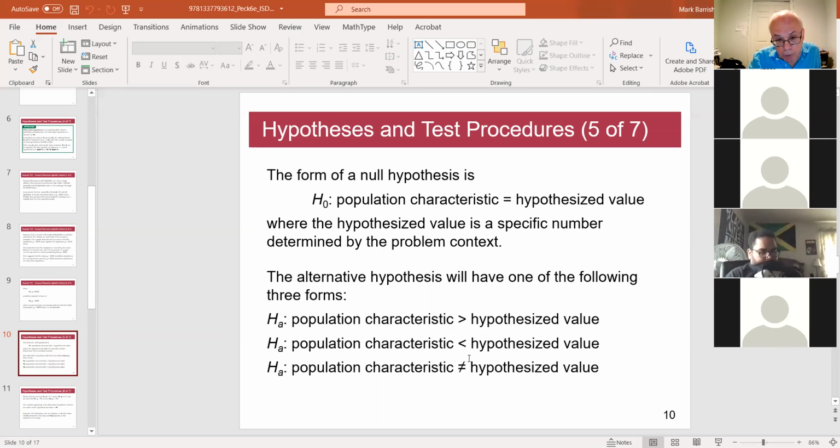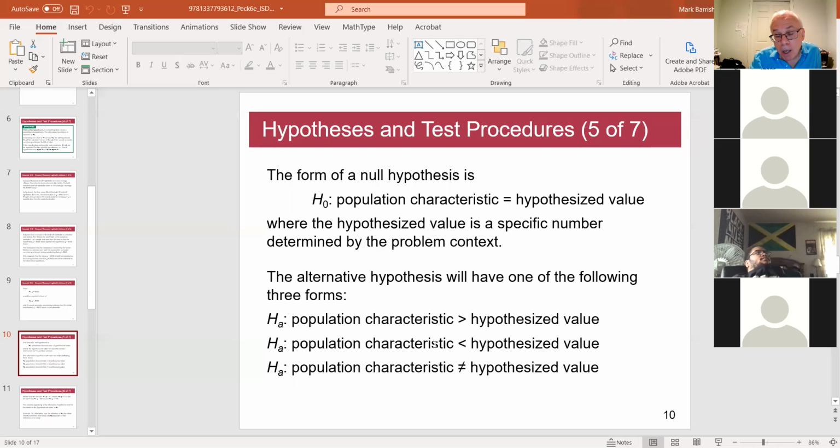The middle one, where it says less than, we're going to call a left tail test because it's less than. And the one that says not equal to, we're going to call a two tail test because not equal to means it could either be less than or greater than, one of those two. That'll become clear next week when we actually do examples of hypothesis tests.